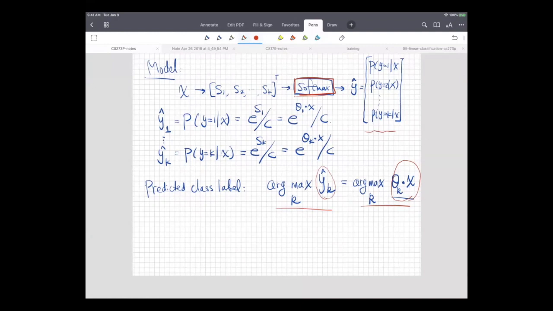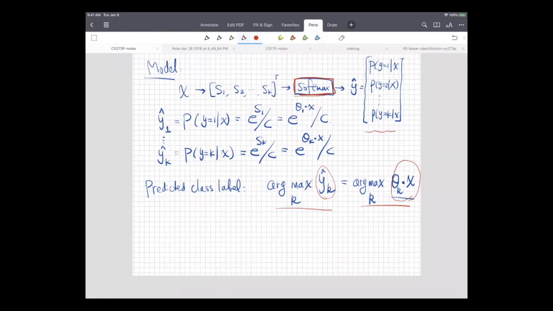If y hat at this optimal index is 0.9, then I will be very confident to call that class label. On the other hand, if y hat is 0.3, even though 0.3 is higher than all the other probabilities, it's not high enough. So even though I'm forced to make a decision, I'm not so confident to call that class label.